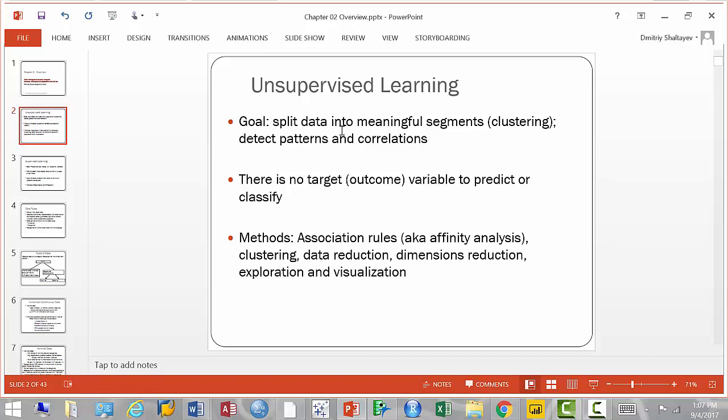Unsupervised learning, what does that mean? That means that I don't have a specific target variable, right? One of the unsupervised methods is clustering. Clustering is grouping similar things together. That's simply speaking what clustering is, okay?